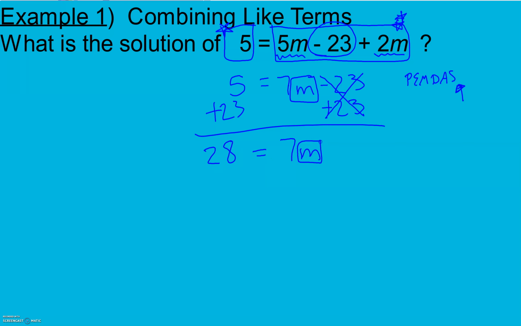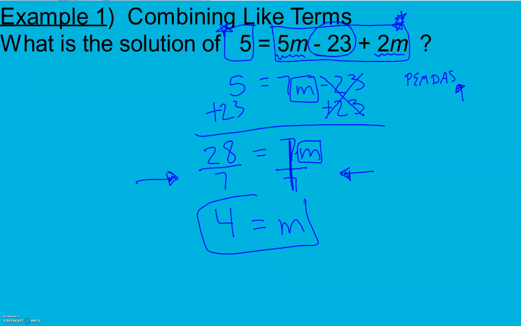Now, m is being multiplied by 7. To get that to be 1, which is what we're looking for, we divide. Again, our inverse operation for multiplication is division. 7 divided by 7 gives me just 1. And whatever I do to one side, I have got to do to both in order to keep it equivalent. And 4. So 4 equals m is our solution. To check this, we plug it into every spot that we have a variable.